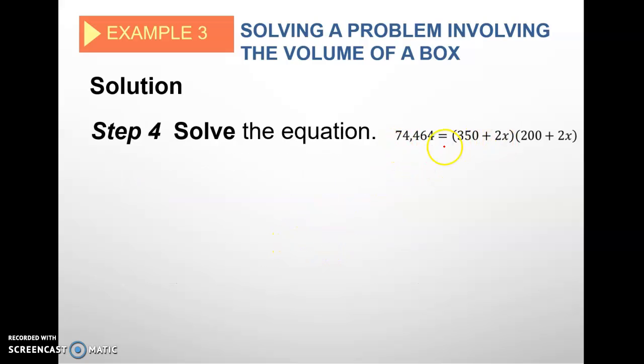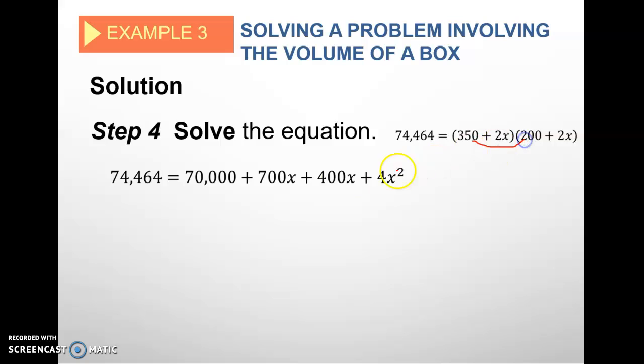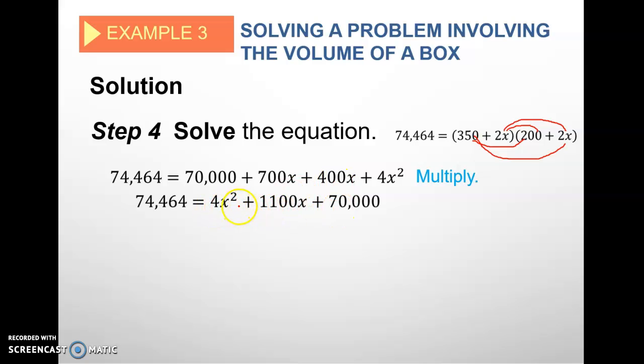Now we solve the equation. This is the original equation, and if you do the FOIL method, the first is 70,000, the outer is 700x, the inner is 400x, and the last is 4x squared. Then if we rearrange and combine like terms, we have 4x squared plus 1100x plus 70,000.